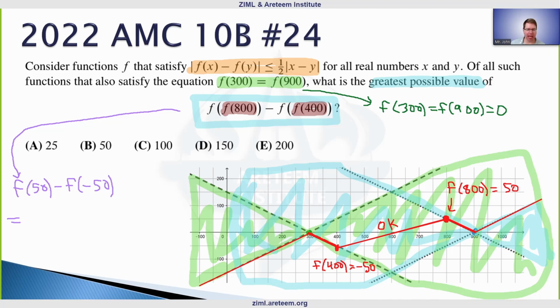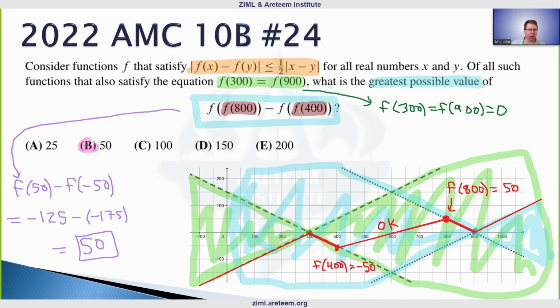And now we have some of these values there. You could check this or work through the details as well. So in this case, we would have negative 125 for the 50, negative 175 for the negative 150. And so that difference would be our positive 50 in this case as well.